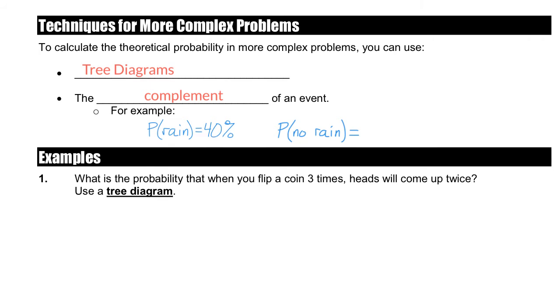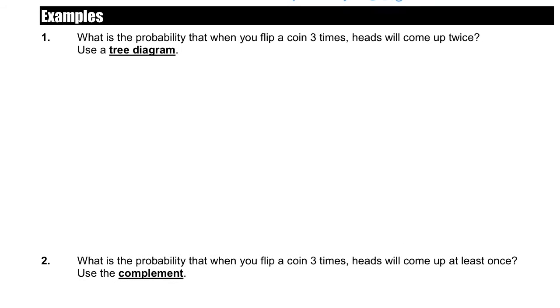Well, you intuitively know that's 60% because all the probabilities of all the events that are possible have to add up to 100%. So that's the idea behind the complement. If you want to find the probability of a certain event, you just eliminate the probabilities of everything else that could happen. Okay, so let's take a look at the examples below.